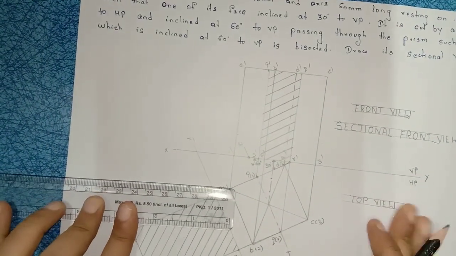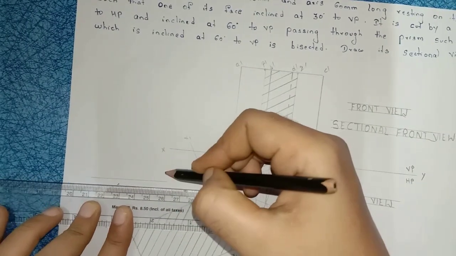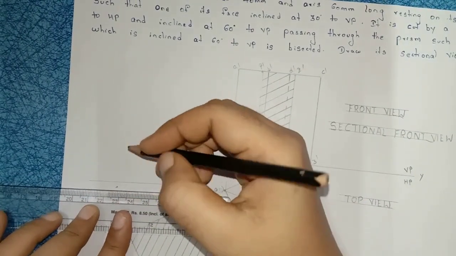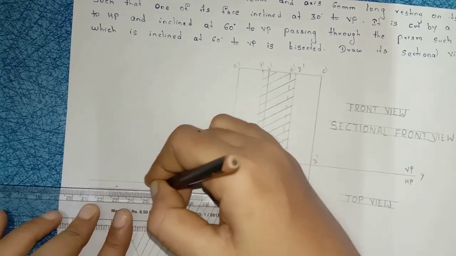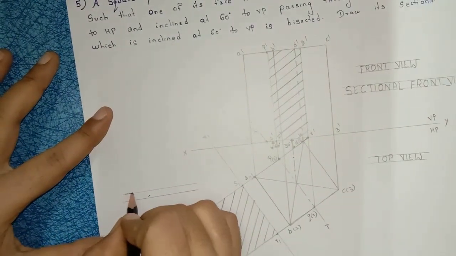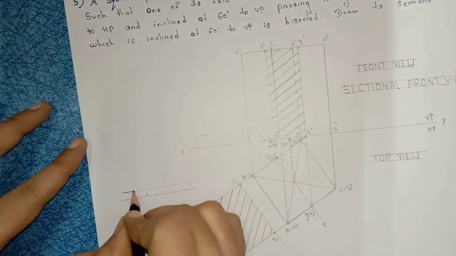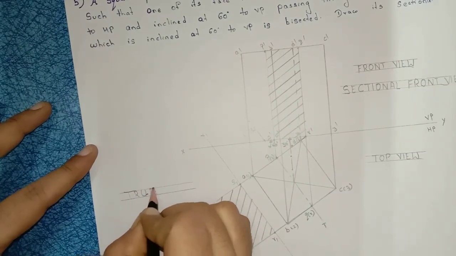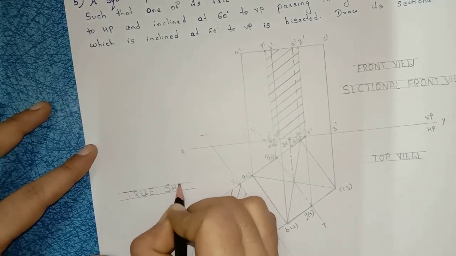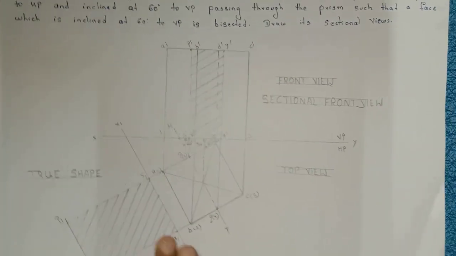Take height 5 mm. And write down here, this is your true shape. Now, this completes your problem.